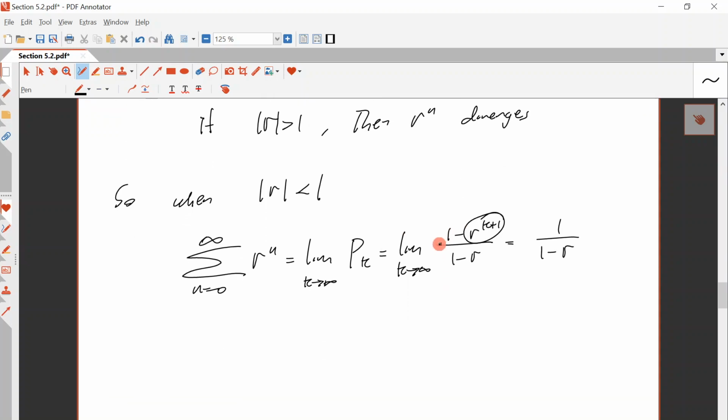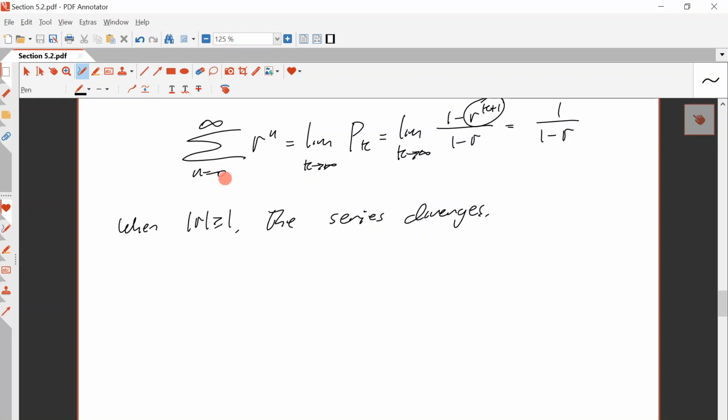And later on, we'll talk about when r is bigger than or equal to 1. The series diverges. We'll talk a little bit more about why it actually diverges later, but let's concentrate on the situation where the absolute value of r is less than 1. In this case, the geometric series is the limit of the partial sums, and the partial sum had this expression as k goes to infinity. That's 1, that's 1, that's r, and that goes to 0. So that's the sum, 1 over 1 minus r.